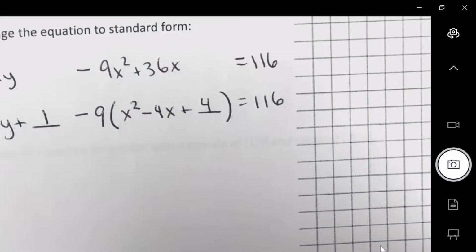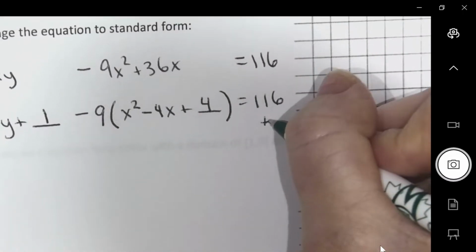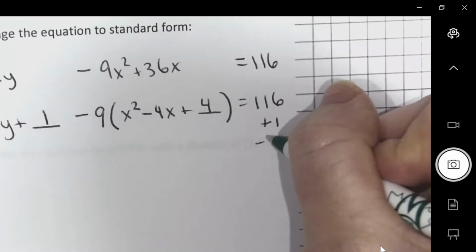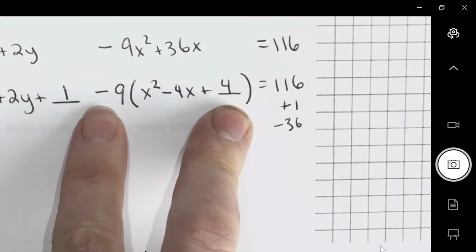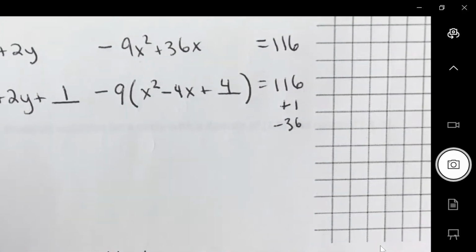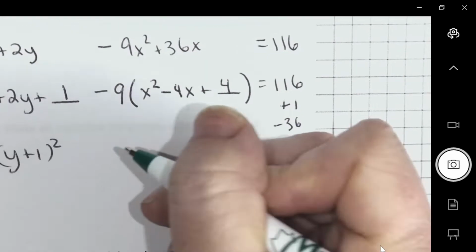We good with those numbers? So I need to do a teeter-totter here. So I need a 1 and a -36 to put it back in order. We okay seeing those numbers? The -36 came from that. Okay, so this will be y plus 1 squared.